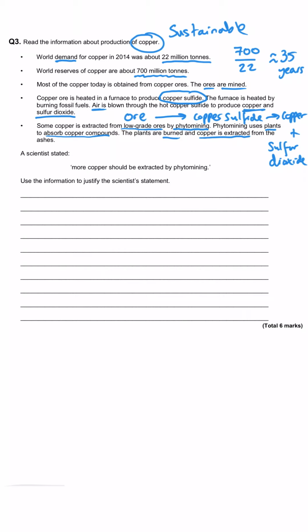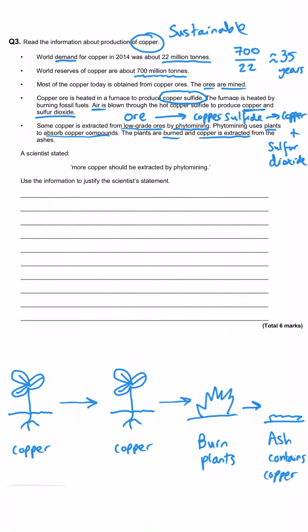So here's what the process looks like overall along the bottom. So you can see that we've got the plant, which is obviously in the ground, and we've got the roots that are below the ground, and we've got the copper, but not very much of it in the soil.